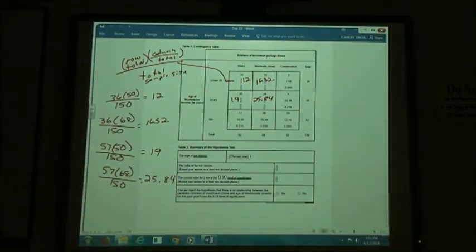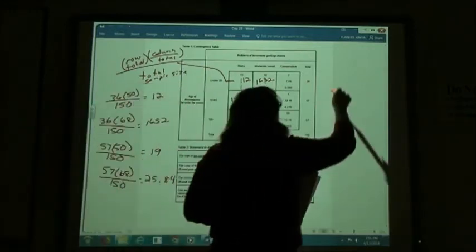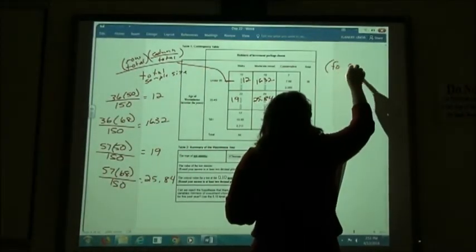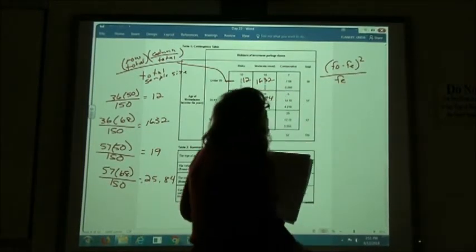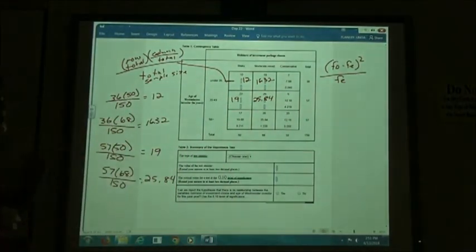All right. The bottom ones we're using that formula, FO minus FE squared divided by FE. So these are the ones we did on problems number 4, 5, and 6.